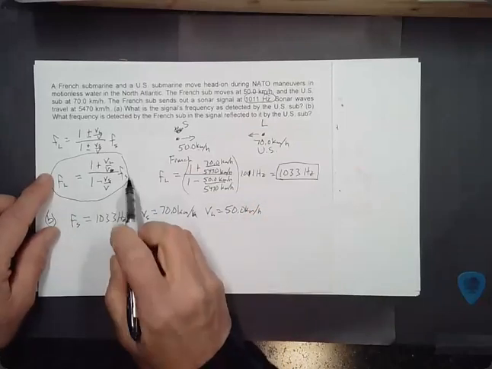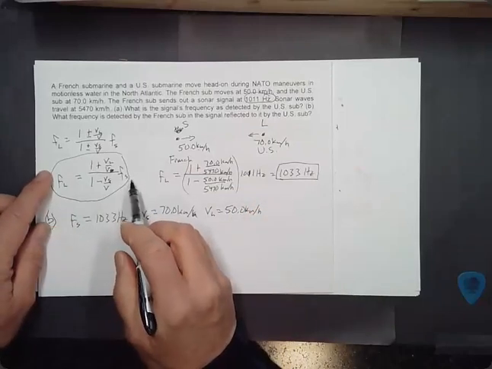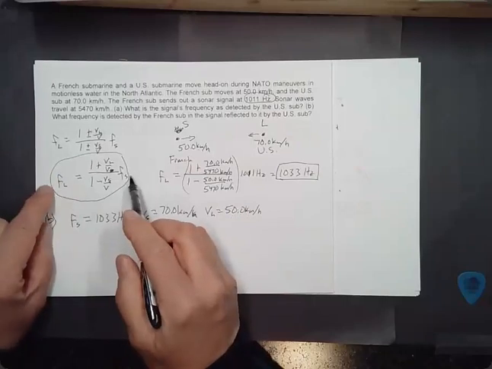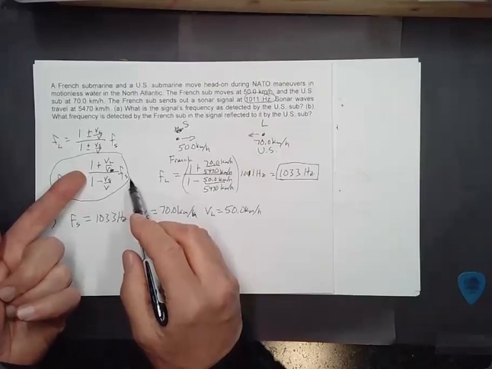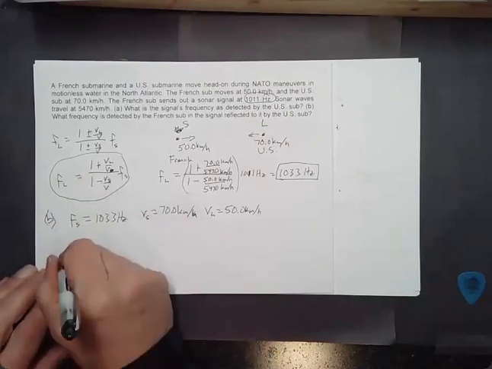We already figured out that when we have both source and listener moving toward each other, this is the formula to use. So we can use that again, but we have to swap where the things are.